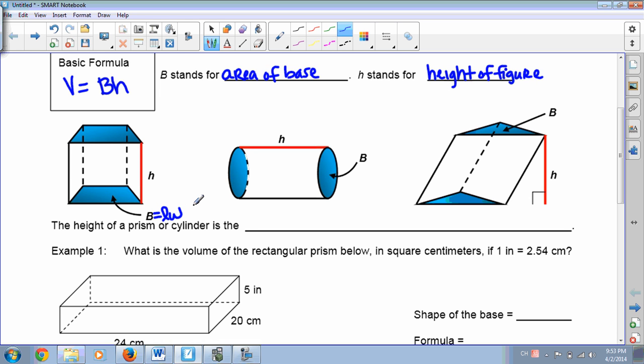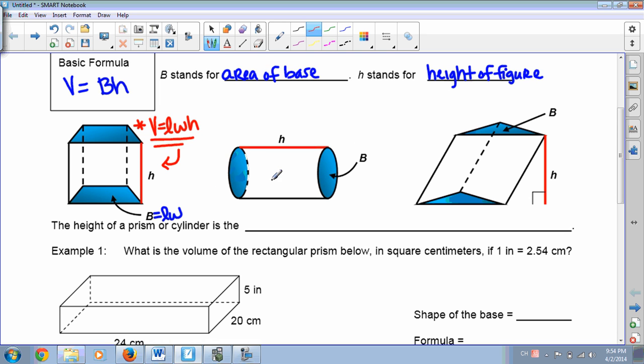So another formula that you can use besides V equals big B times H, just for rectangular prisms or cubes, is length times width times height. You can use this only for rectangular prisms, because obviously the big B would be length times width, times the height of the prism.